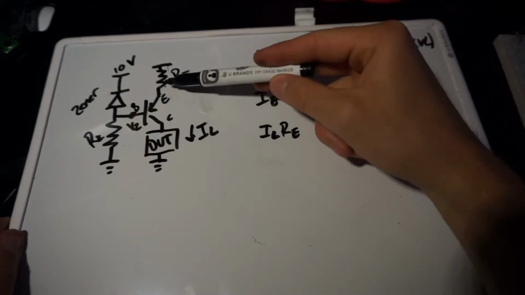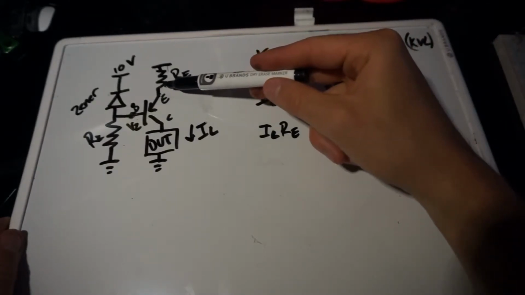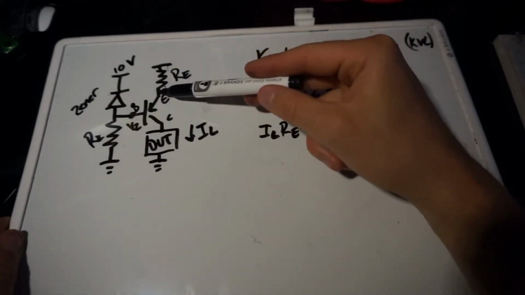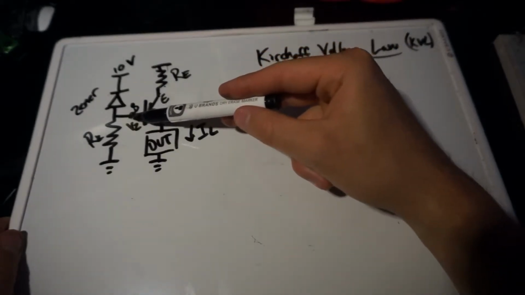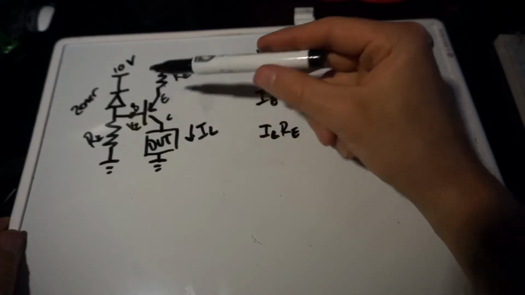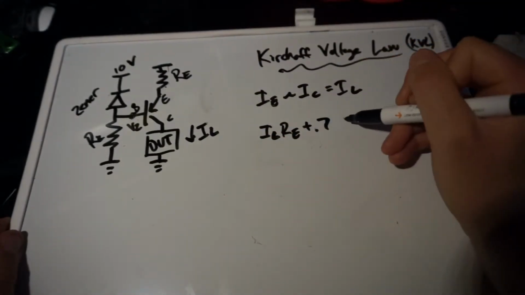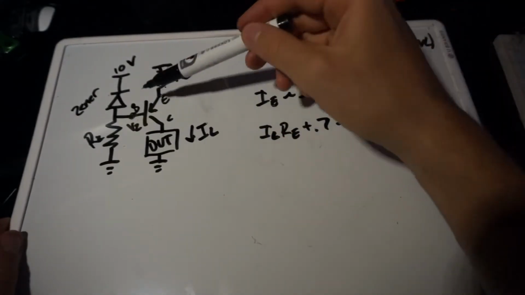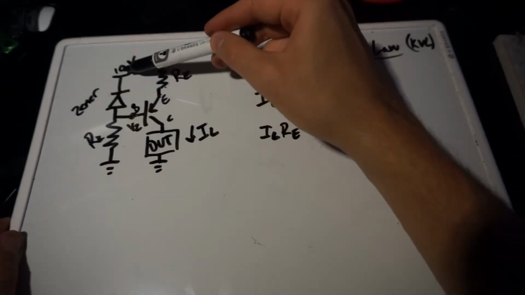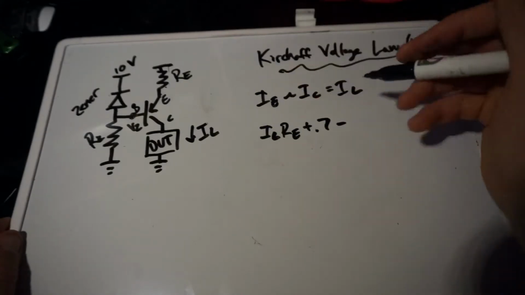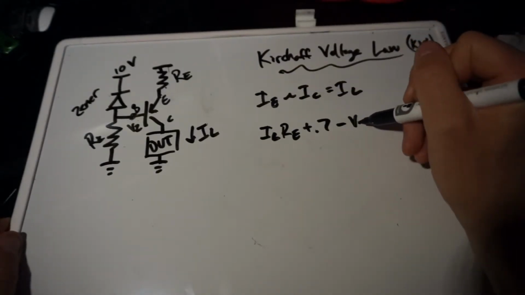And then continuing on, the drop from the emitter to the base for a PNP is going to be positive, and that's going to be in saturation about 0.7 volts. And then finally, we need to go back up to the rail through the Zener diode, which is dropping, we're going to call it VZ across it.